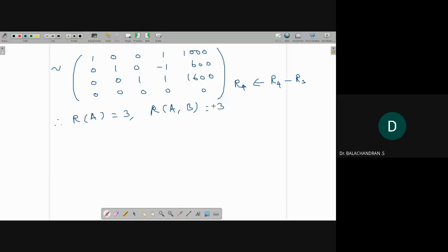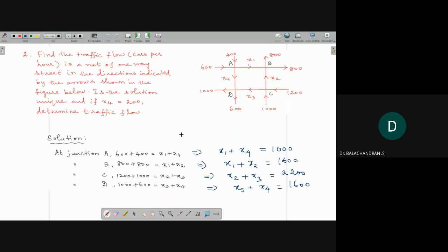But the number of unknowns is what? You can see here the unknowns are x1, x2, x3, x4, the 4 unknowns.